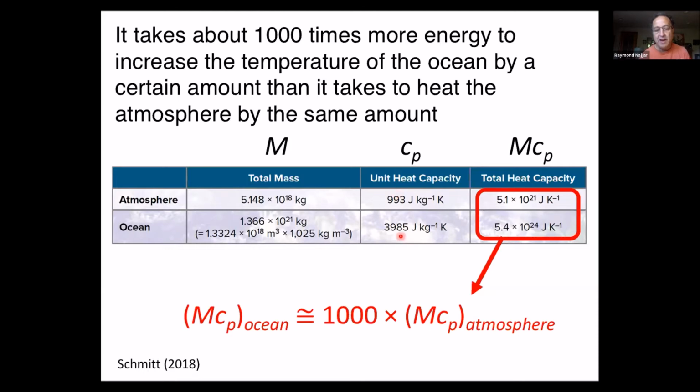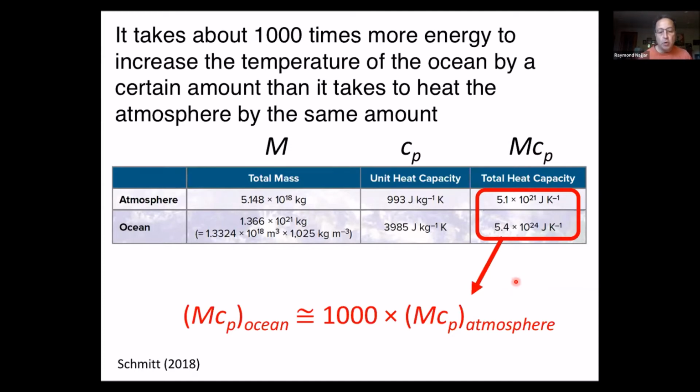So that's one factor, but it's really the mass of the ocean that is the big difference with the atmosphere. It's the product of these two, the mass and the specific heat, the so-called total heat capacity, that is important here. And this is about 1,000 times bigger for the ocean than it is for the atmosphere.